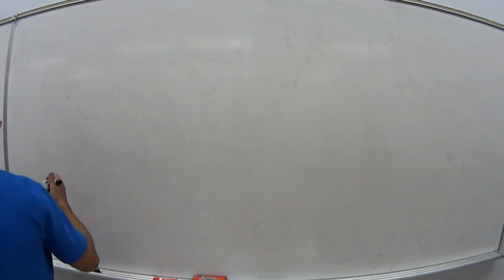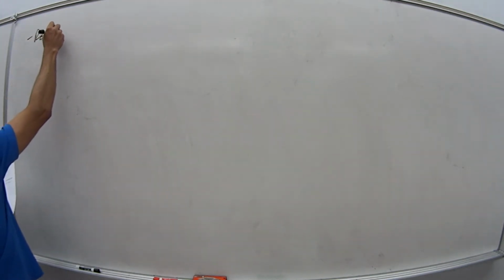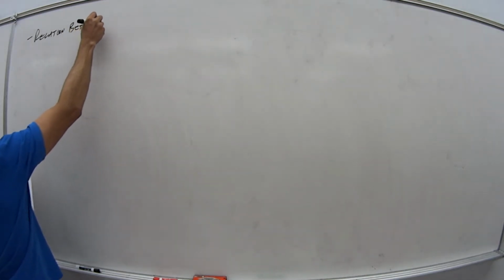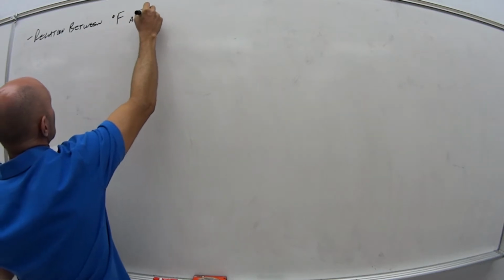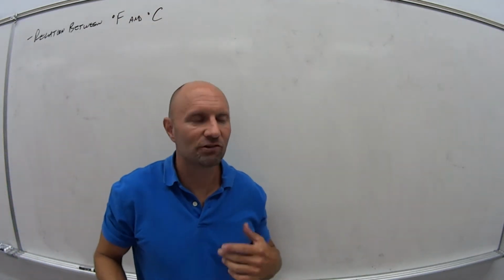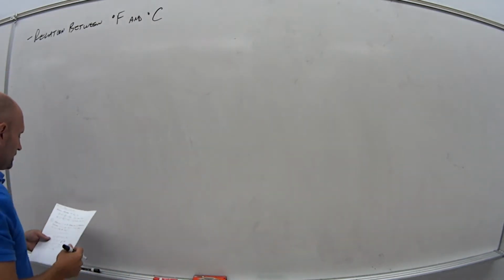And it's about the relation between degrees Fahrenheit and degrees Celsius. So you're like, what? I thought we were doing inequalities in this section. We are. We're going to look at a word problem that has to do with inequalities.